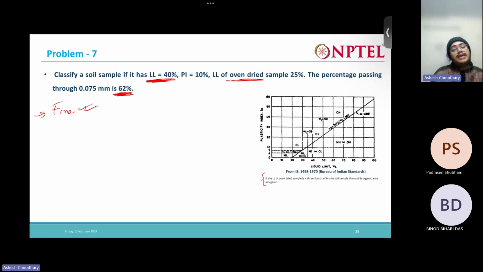Now once you again dry the sample in the oven and then again do the liquid limit test, that time you will see that the liquid limit is coming 25%. So just ignore that part for now. Just see whatever I have written here, and try to take help of this. This is a little different question.